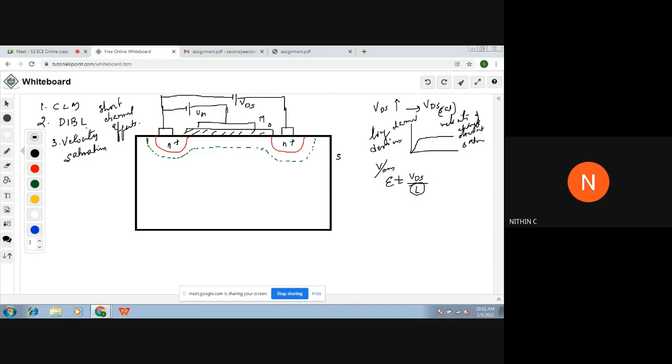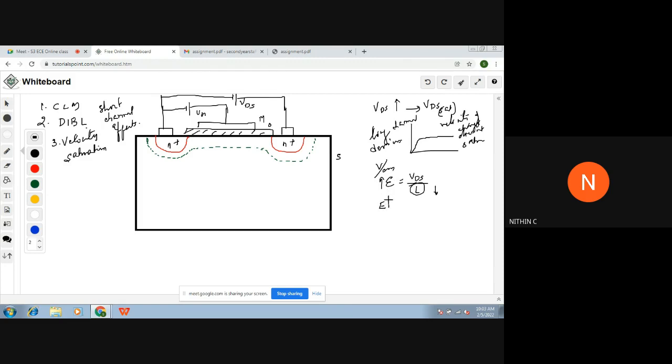That is what we understand from this: volt per centimeter, that is VDS divided by length. So electric field increases when channel length is reduced. In short channel devices, the L value is very less. As a result, the electric field will be very high.